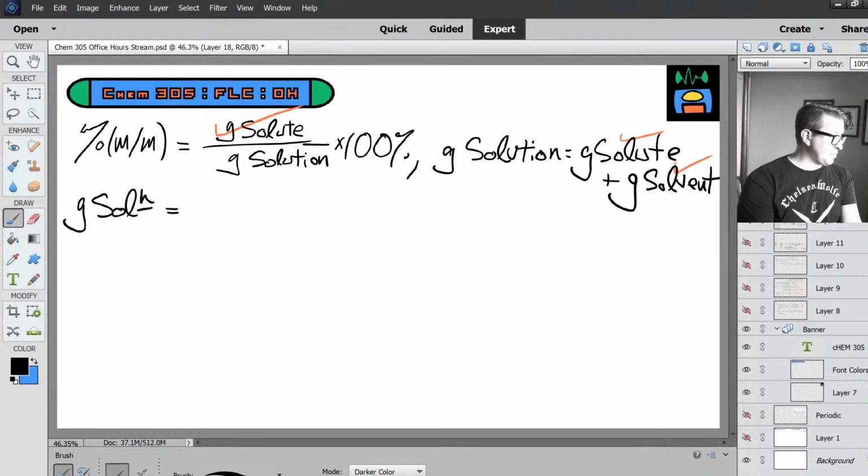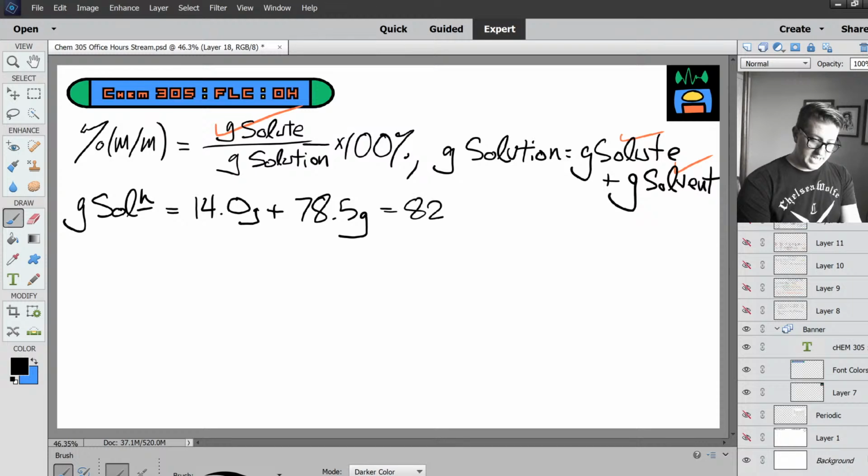So our grams of solution equal our solute mass, which is 14.0 grams, plus our solvent mass, which is 78.5 grams. All right, these will add to 82.5 grams of solution. Oh, sorry, 92.5. My bad. All right, now I'm doing math in my head. I'm just going to double check myself. Yeah, 92.5. Okay, that's our mass of solution.